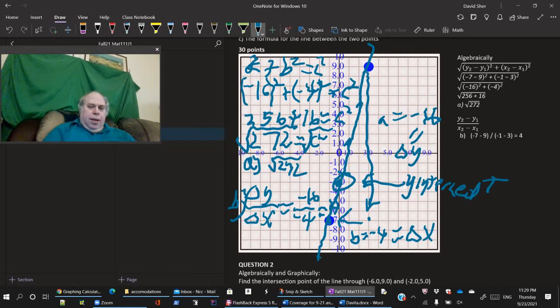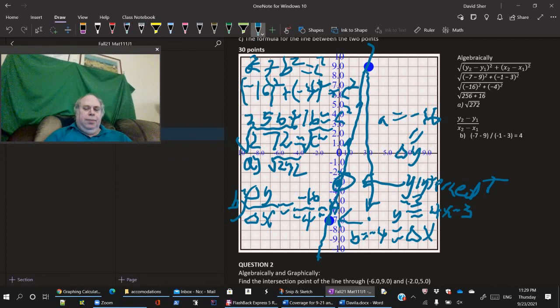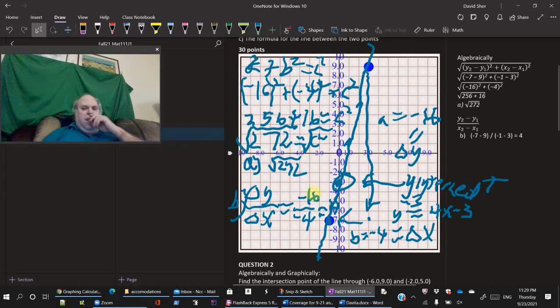And that is -3. So my formula turns into y equals 2x, not 2x, 4x. The slope is 4. Just got that. 4x minus 3. So that's what we did.